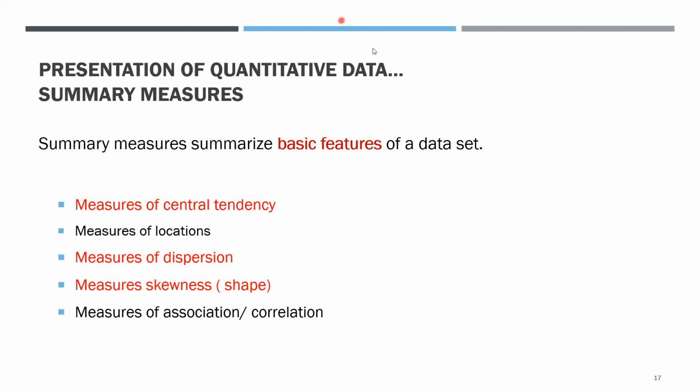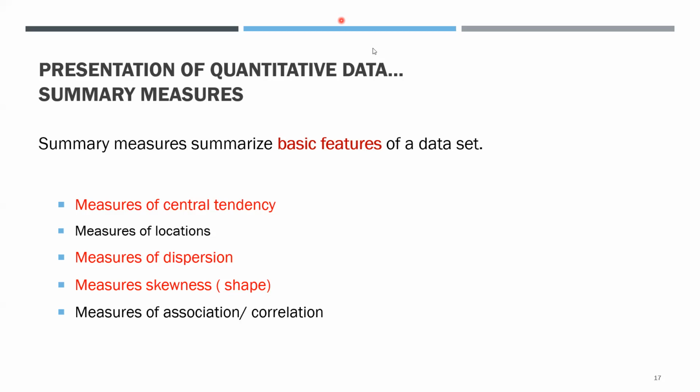It is a measure of central tendency. That means using the measures of central tendency, we can have an idea about the center of your data set, around which value most data are scattered or distributed. So that is the simple meaning of measures of central tendency.